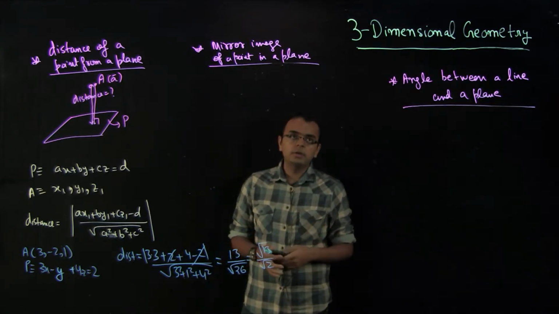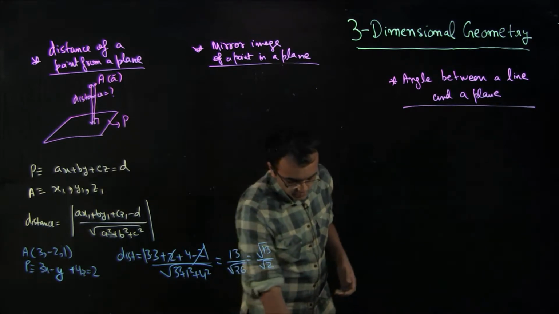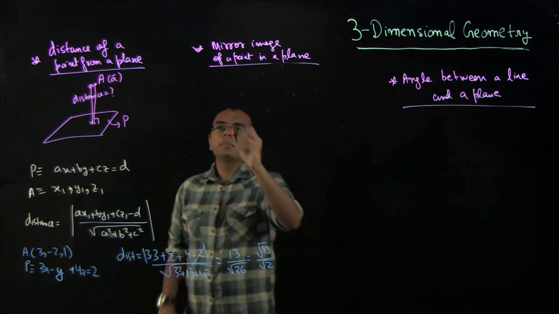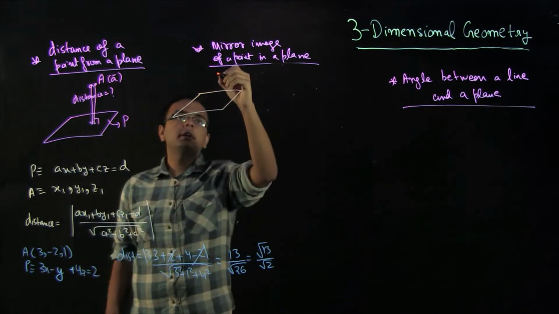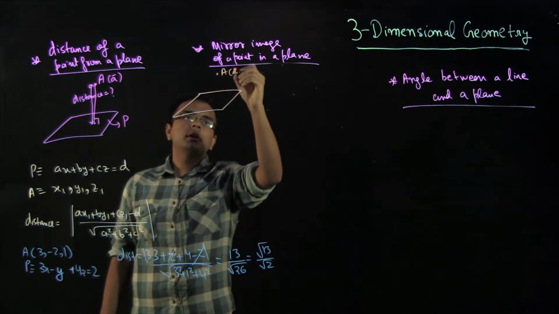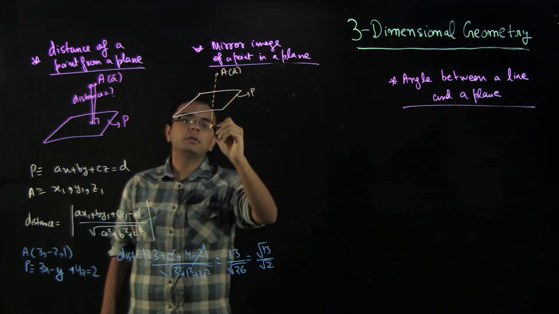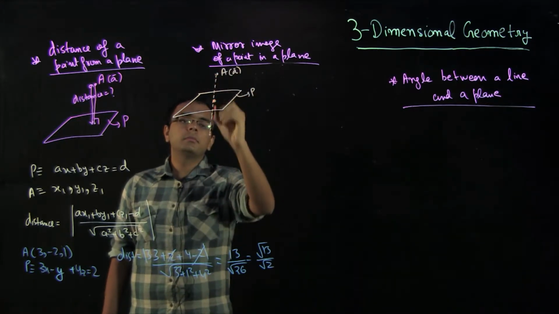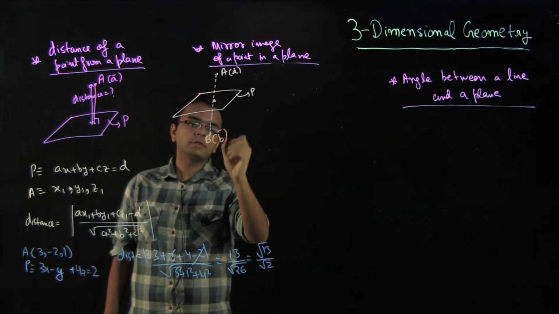Now let us go to the other topic of finding the mirror image of a point in a plane. If you have a plane like this and a point A here, whose coordinates will be given, you will be asked to find the mirror image point B, its coordinates or position vector.